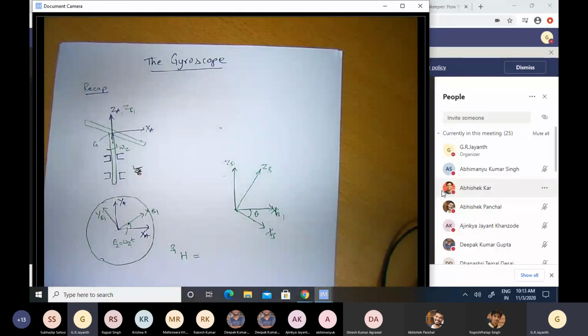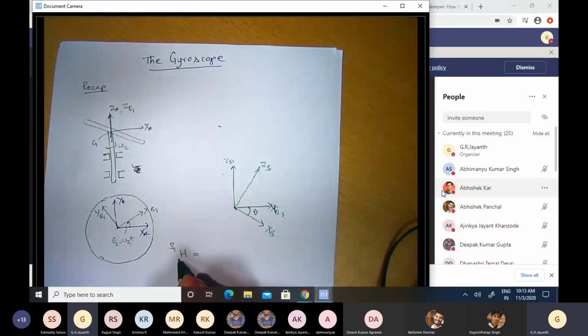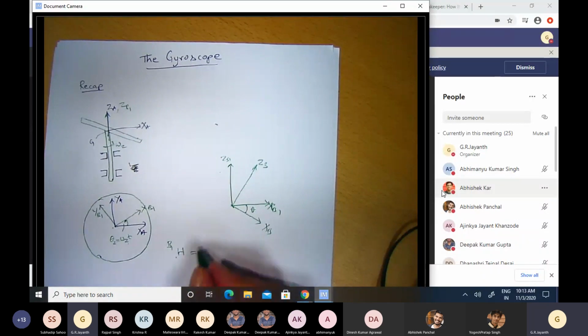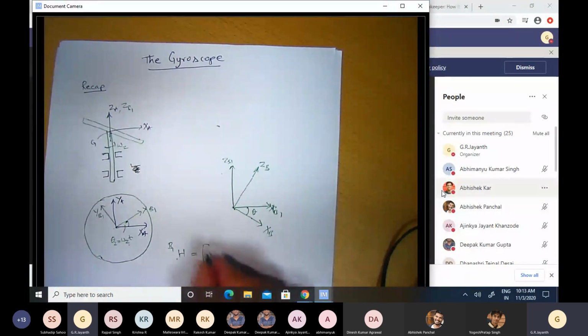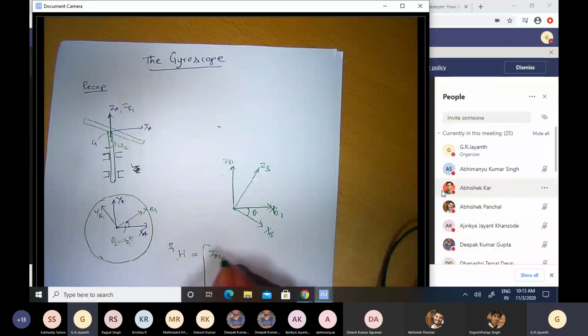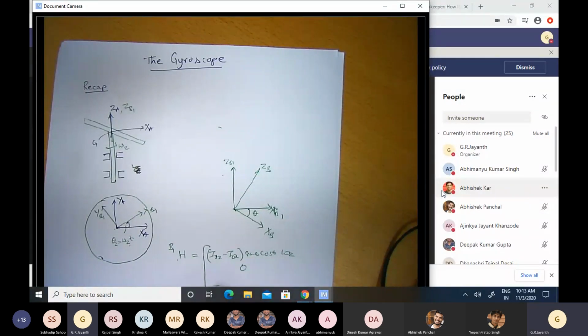We could have written down the equations in either of the two frames, but we chose to write it in the B1 frame because the angular velocity has a simple expression in that frame. And that we saw was given by (I0z minus I0x) times sine theta cos theta omega z, and 0, and (I0x sine square theta plus I0z cos square theta) times omega z.